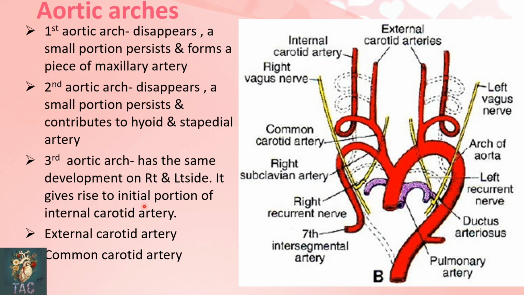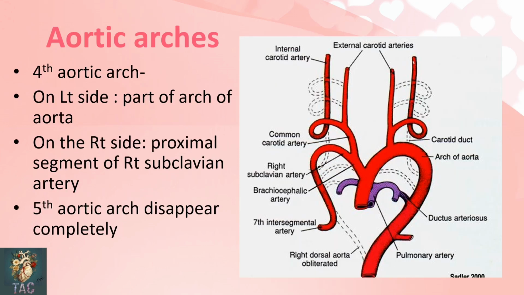It gives rise to the initial portion of the internal carotid, the external carotid, and the common carotid. The fourth aortic arch on the left side forms part of the arch of aorta, on the right side forms the proximal segment of the right subclavian artery. The fifth aortic arch disappears completely.